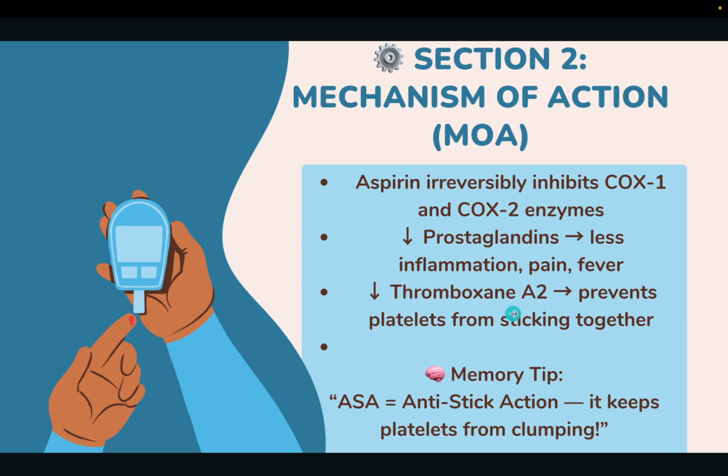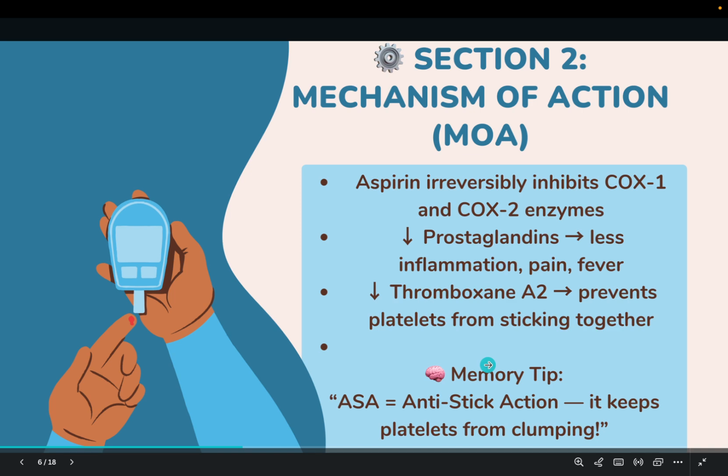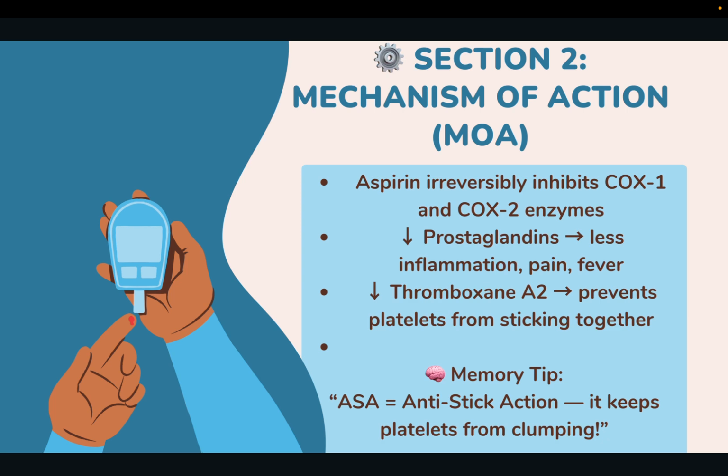Why thromboxane A2? Because it's responsible for making platelets stick together, which is platelet aggregation. So aspirin prevents this platelet aggregation and reduces the risk of blood clots, heart attack, and stroke. If it's given in a high dose, it's for anti-inflammatory, analgesic, and antipyretic effect.